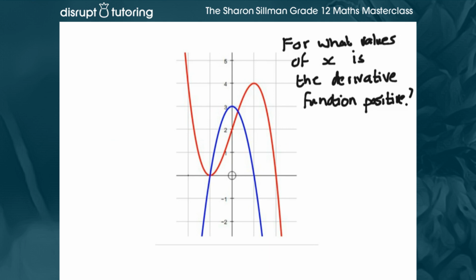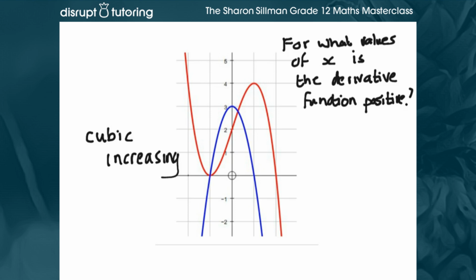Let's do one more example like that. So for what values of x is the derivative function positive? Now this could even be asked if all you could see is the cubic function. And from what I've discussed with you, you shouldn't need to see the derivative function to know where it's positive, because remember that the derivative function is positive when the cubic, in this case its original function, is increasing.